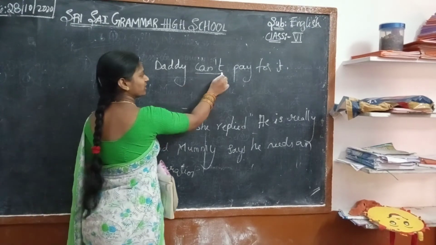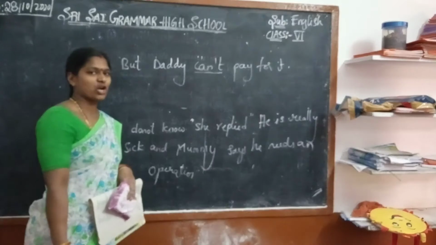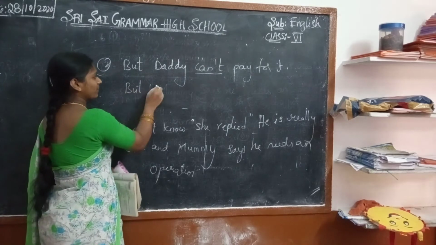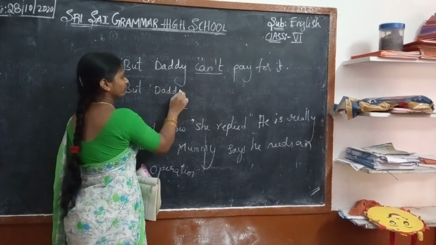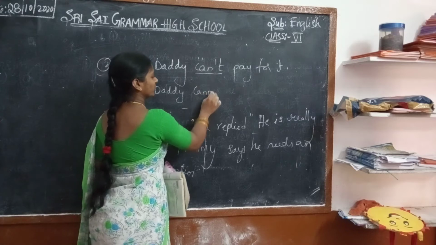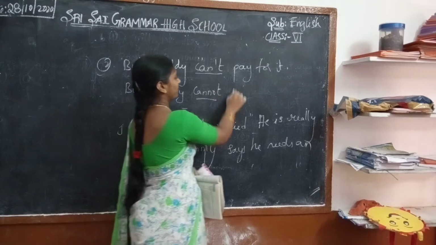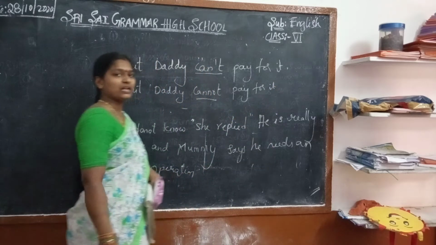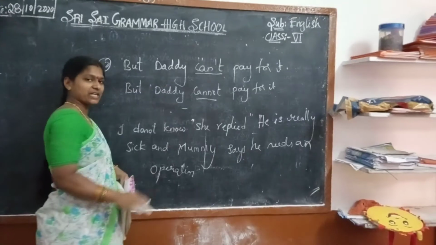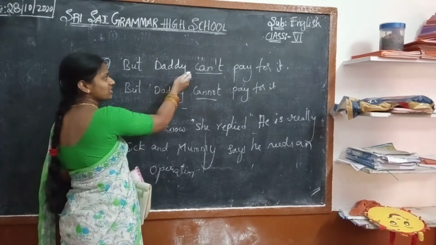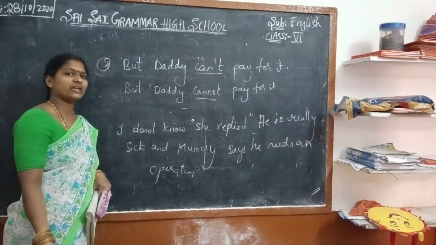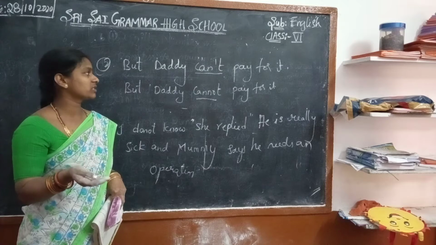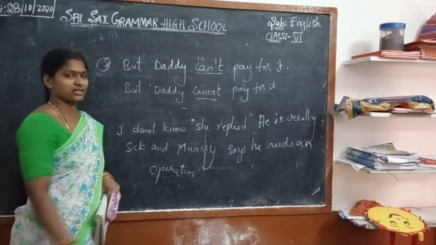Here also can't is in short form. It can be written as but daddy cannot pay for it. Like this, in sentences also you can change long form into short form. If they say to write in long form, you can change, and if they say to write in short form, you can change like this.